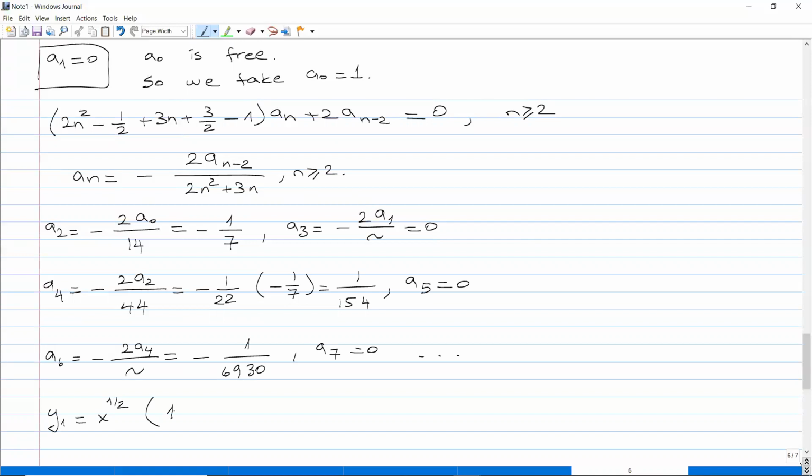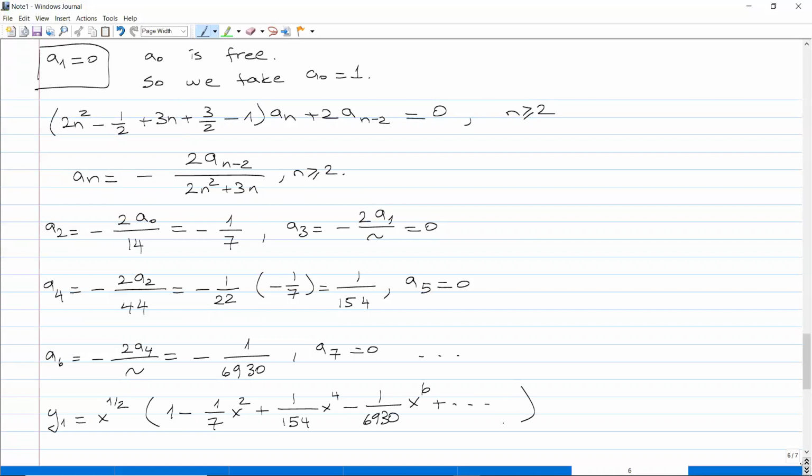I take a0 to be 1. a1 is 0. a2 is minus 1 over 7, x squared. a3 is 0. a4 is 1 over 154, x to the 4. a5 is 0. a6 is minus 1 over 6930, x to the 6, and it keeps going. The first 4 terms are like this.